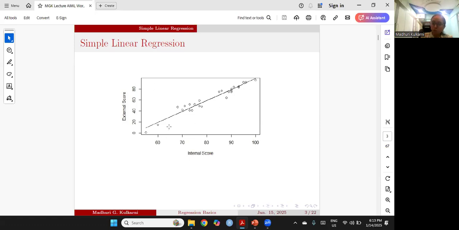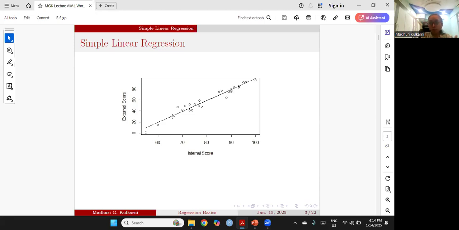Now suppose there is a student in the class who has missed the final examination, and he has gotten, say, 65 marks in the internal examination. Then the teacher is curious and wants to know what would have happened if the student had appeared for the final exam.